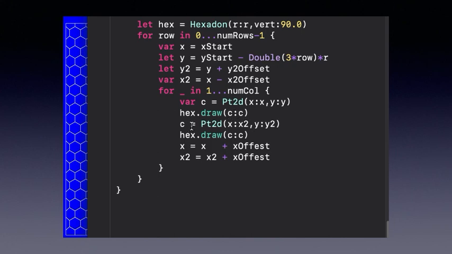Now I want to create, at that point in time, another hexagon, which is the offset hexagon. So that's x2, xy, draw the hexagon. Now I want to move both x's. So I'm simply using the offset twice. I'm using it for x2, and I'm using it for x.